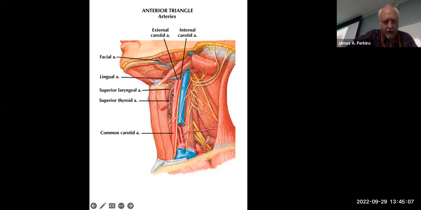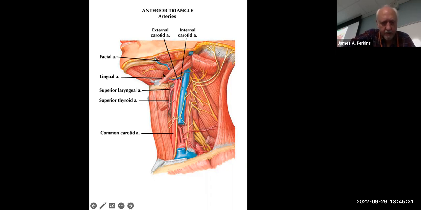External carotid is more anterior, and you see its first branch right here called superior thyroid, which is now turning inferiorly down towards the thyroid gland, and a tiny little branch called superior laryngeal, which is passing through the membrane between the hyoid bone and thyroid cartilage to enter the larynx.